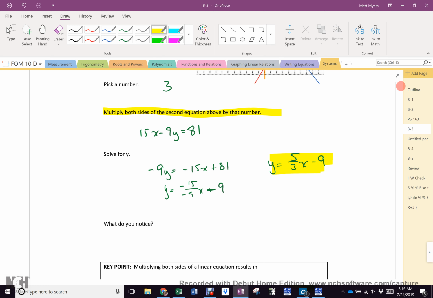Still nobody can tell me what they noticed, eh? So nobody was able to multiply an equation and solve for y by the second to last day of grade 10?